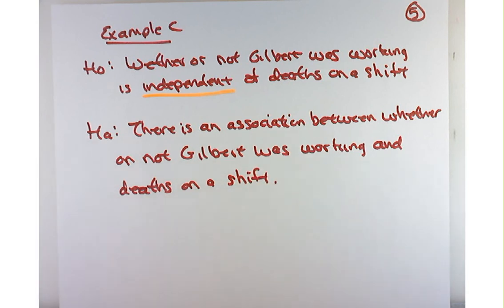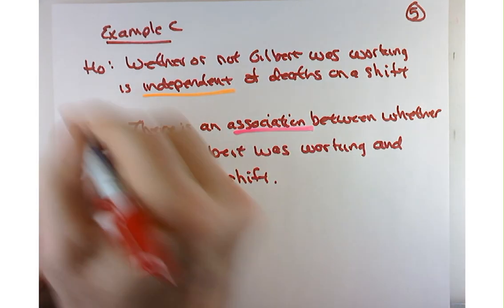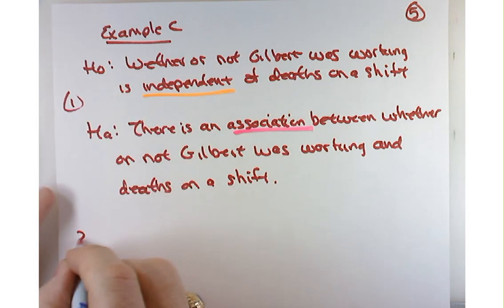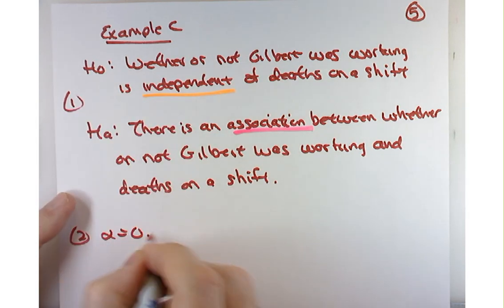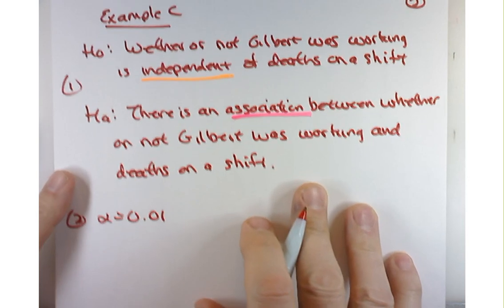Okay, let's go with that. Now, inasmuch as we're talking about somebody's freedom, talking about a murder case, appropriately they chose to do alpha as 0.01.